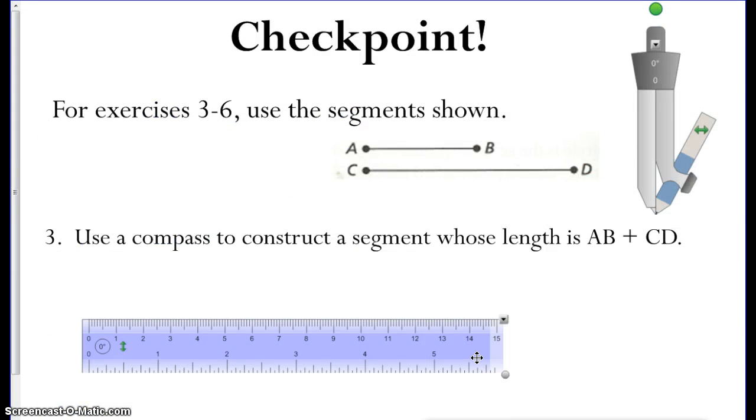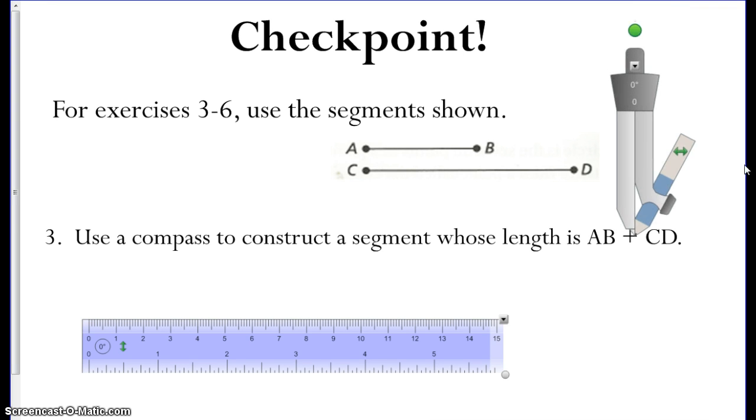Make sure you have your compass again, because we are going to combine the segment addition postulate that we did in the first lesson, as well as copying a line segment that we did in the first lesson. You're going to need to create a segment that is both AB plus CD.